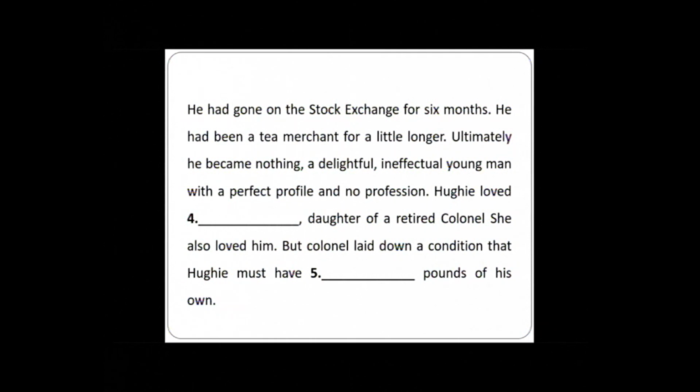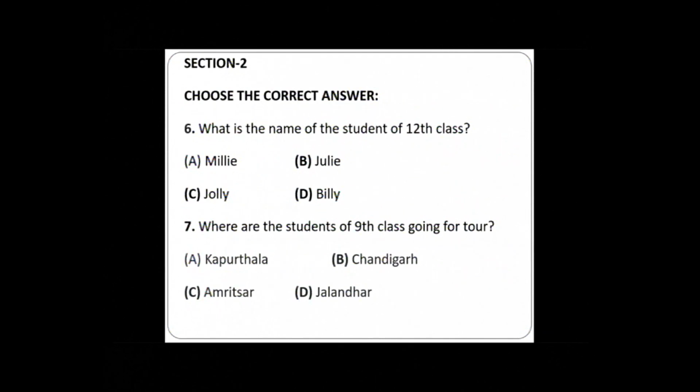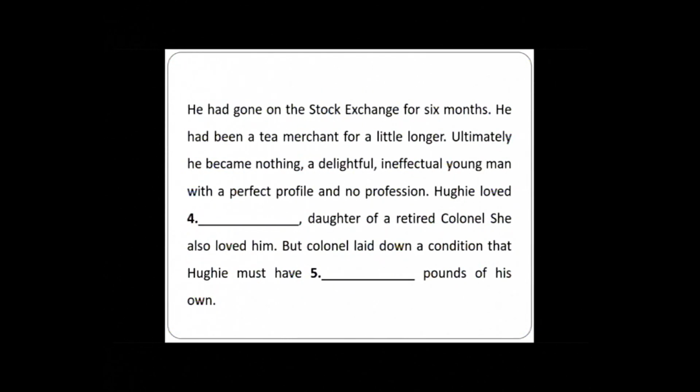The colonel was very fond of Hughie, but would not hear of any engagement. He laid down a condition that Hughie must have 10,000 pounds of his own before he could think about his engagement. Laura too loved Hughie very much and often gave him hope.